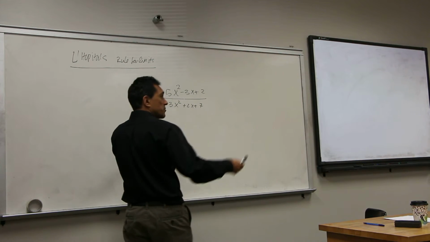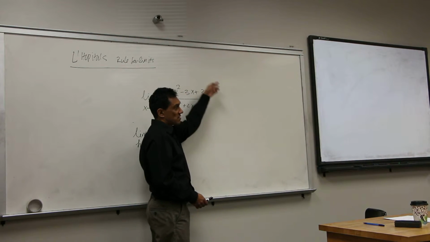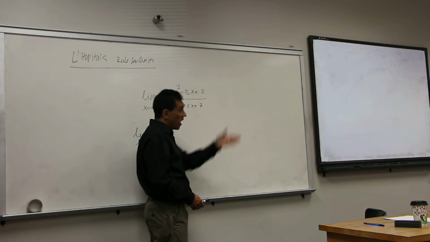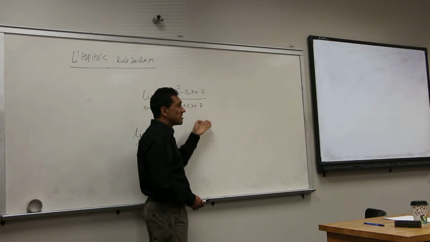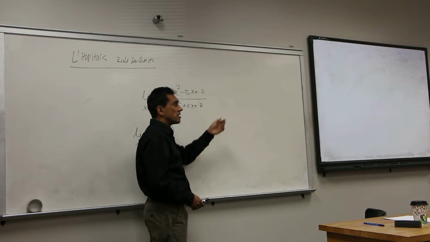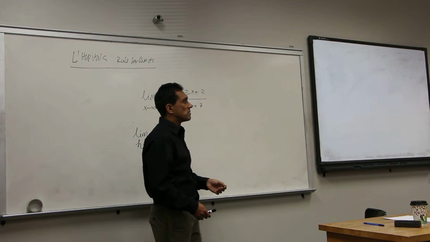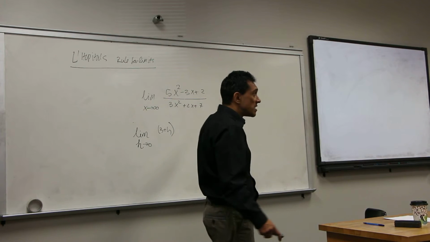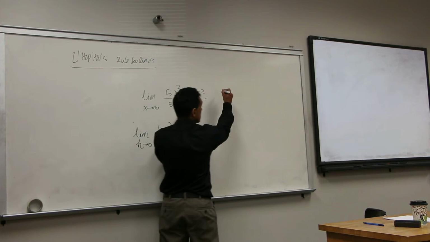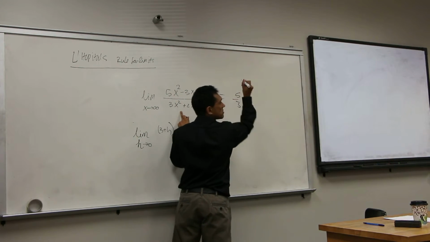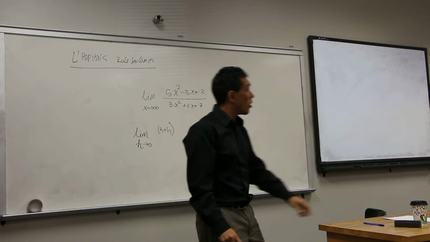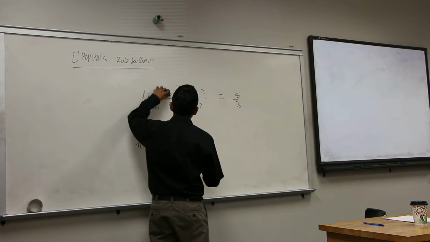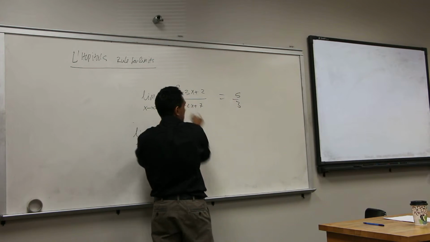Now, Mr. Boji, when x is very big, this is infinity. Are you with me? And when x is very big, this is infinity. So infinity divided by infinity today is what? 5/3. Tomorrow it will be 3/4.